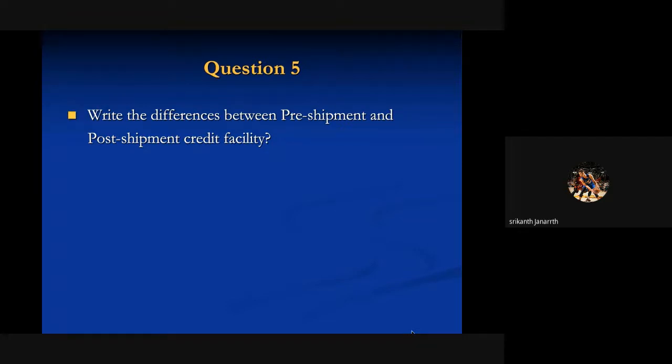Under post shipment, you can say risk is lower if the ultimate importer is a reputed entity. Because the shipment is done, it is a matter of getting the payment. So these are the differences you can write down, right?